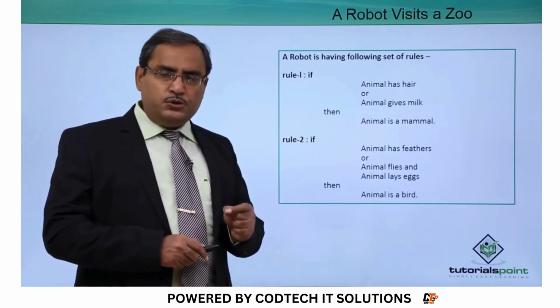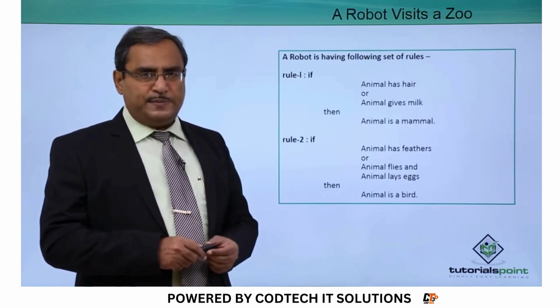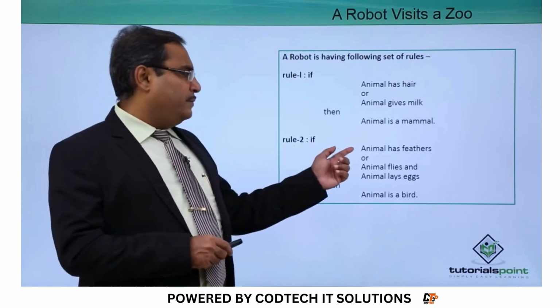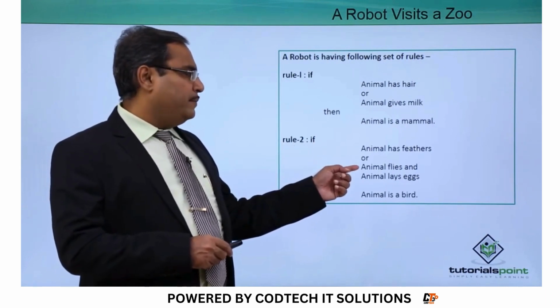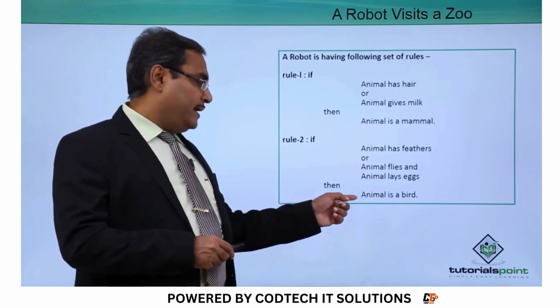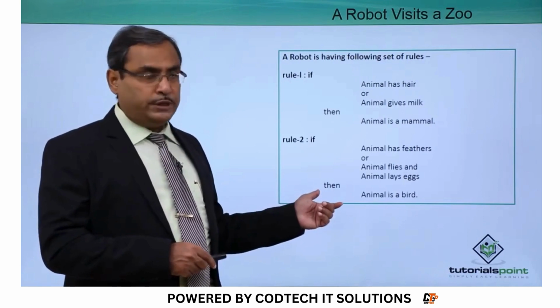All these rules are to be remembered and written in the respective Prolog clauses. Rule number 2: if the animal has feathers, or the animal flies and lays eggs, then the animal is a bird. That is our rule number 2 here.